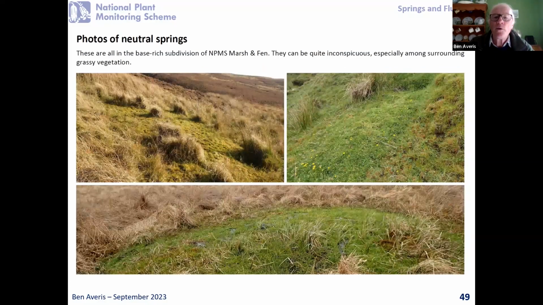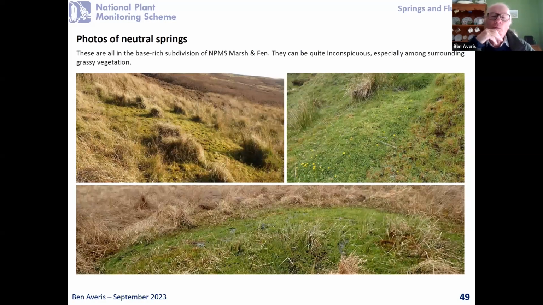Here are some photos of more neutral springs, and because they're neutral ones, they go into the NPMS base-rich subdivision rather than the acid subdivision. We can get a different group of mosses like that spiky Calliergonella moss, or the more green and silvery Brachythecium rivulare moss that we saw earlier.